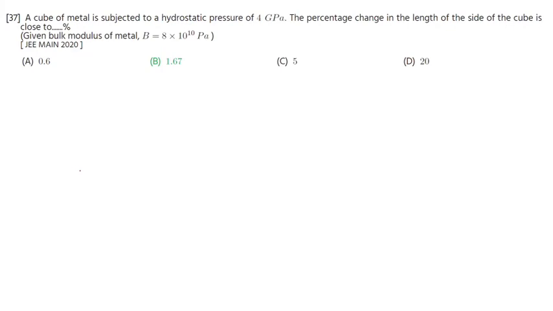Okay, now a cube of metal is subjected to hydrostatic pressure of 4 gigapascals. The percentage change in the length of the side of the cube is close to. Bulk modulus value is given, children. Bulk modulus B is equal to, we know the formula, delta P by delta V by V. So delta V by V is equal to delta P divided by bulk modulus, right?